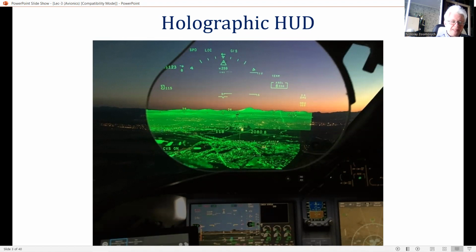Significant increases in these FOV are not practicable because of the cockpit geometry constraints. I hope you understand it.